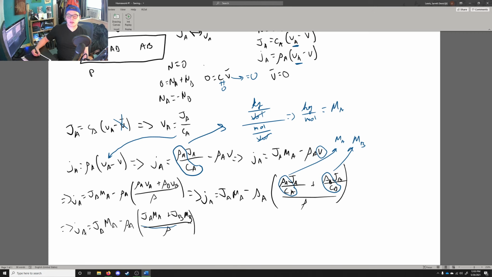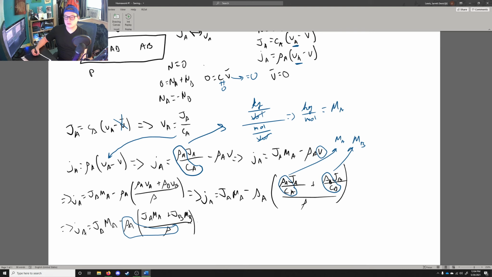So we can look at these two terms here. We have the mass concentration of A being divided by the mass concentration of the total mixture. And you'll get a unitless number from that, and that unitless number is the mass fraction, because we'll have the mass of A divided by the total mass of the mixture.